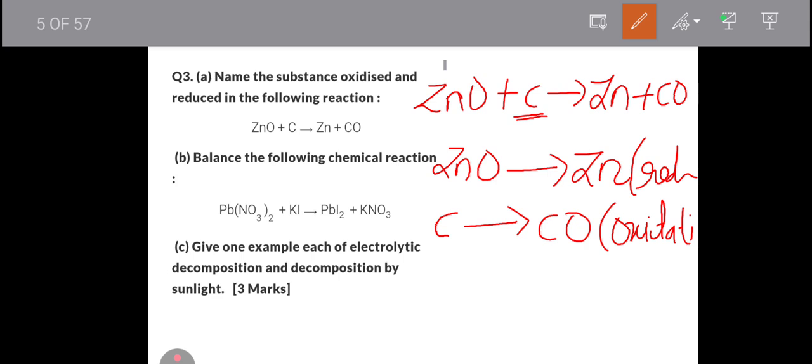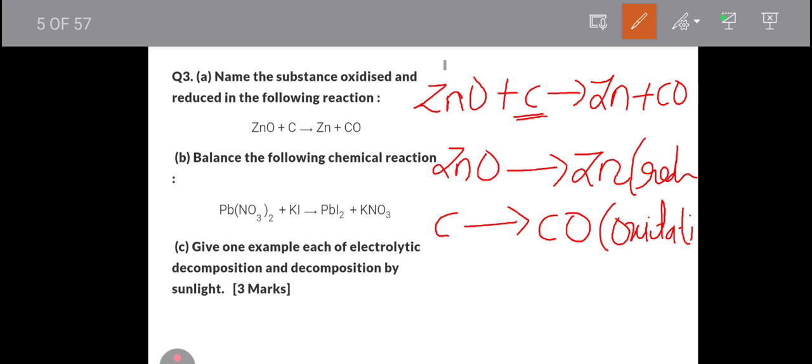Now you have to see that reactants will be getting converted into product, right? So during the product formation, what is the change which has taken place? Here zinc oxide has changed to zinc. So you can write it down like this only and you can mention which is oxidation and which is reduction.